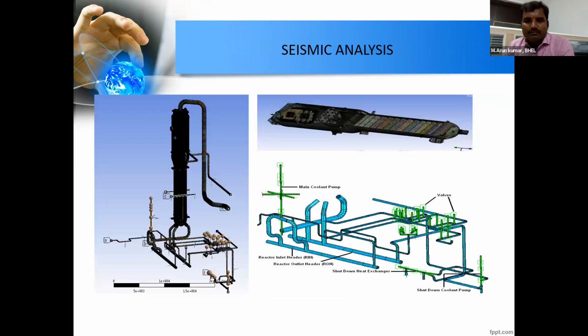Then we are doing seismic analysis. Whenever we perform seismic analysis, based on the zone in which this nuclear component is going to be installed, we have to take care of all the related piping to the actual component. For example, I have shown here the nuclear steam generator. Here we have to model everything, and we have to consider the masses of all minute internals.